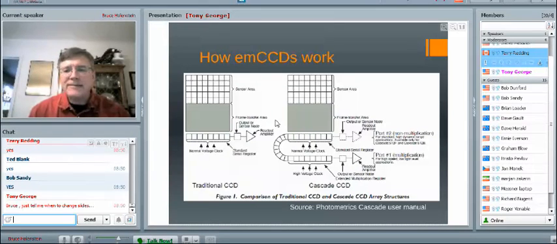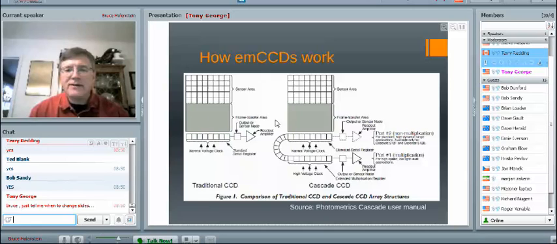With an EMCCD type camera, we really get the best of both worlds. You have the traditional type of amplifier, and you can see this on the right-hand part of the picture, where the readout would happen in a normal fashion using normal clock voltages.